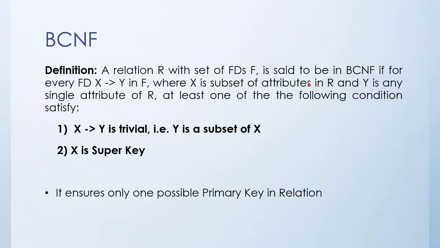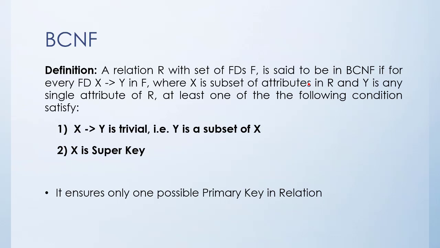It says that a relation R with the set of FDs F is said to be in BCNF if for every FD X determines Y in F, where X is a subset of attributes in R and Y is any single attribute of R, at least one of the following conditions is satisfied.